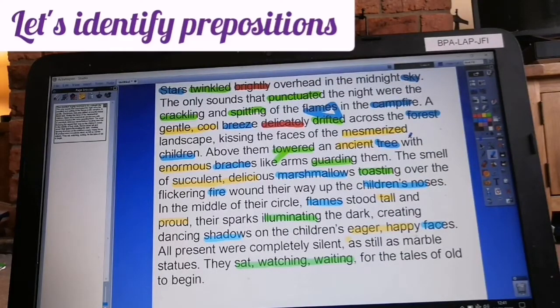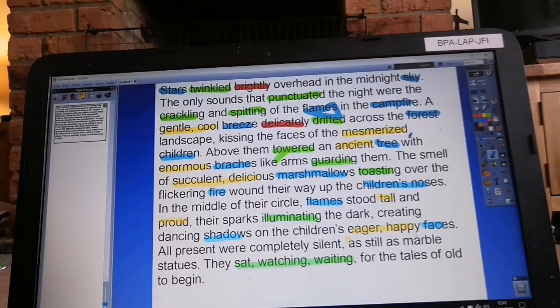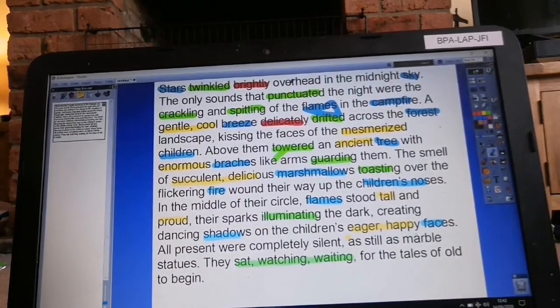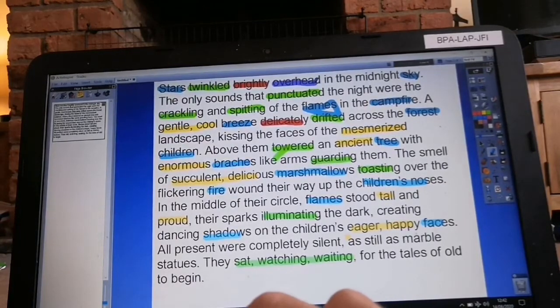Finally, we're going to have a look at prepositions, because this tells us where these nouns are in relation to one another, where their position is. So if we have a look, we have got the stars twinkle brightly overhead. That's where they are.